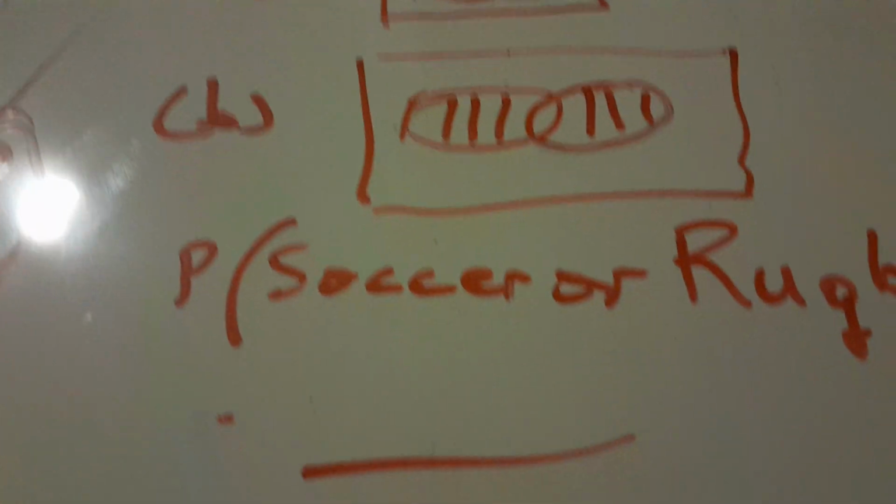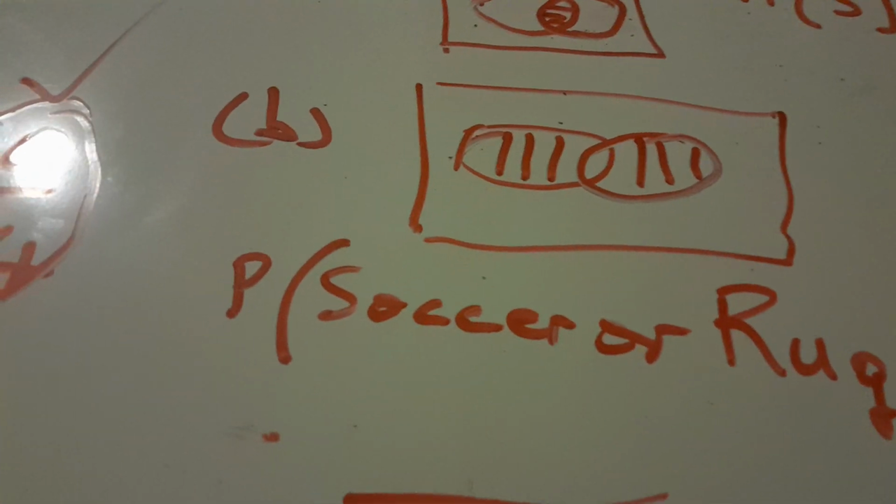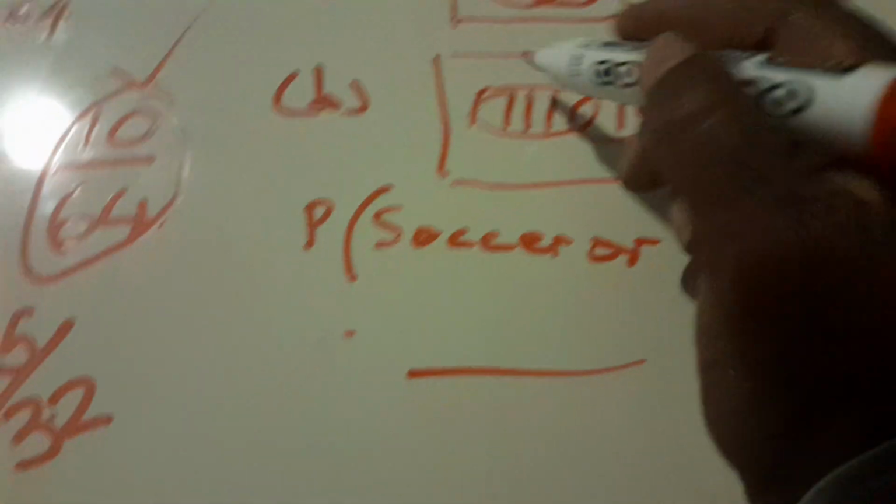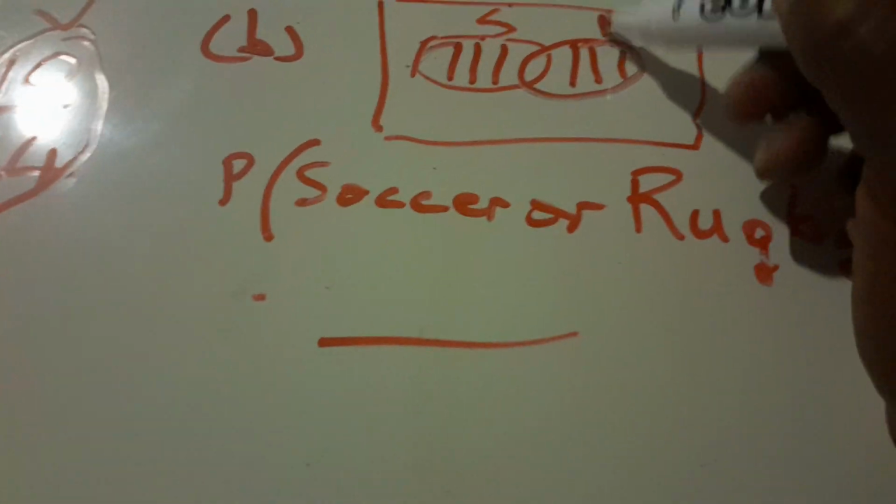Then, the next one was the probability of those who play soccer or rugby. Now, if this is your Venn diagram, this is soccer and that's rugby.